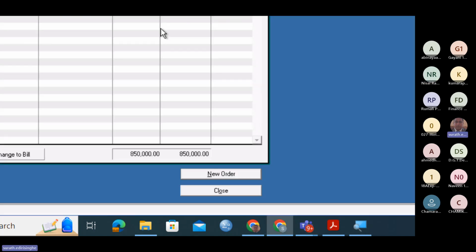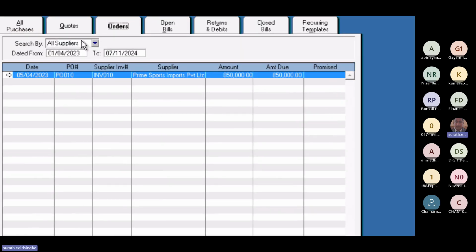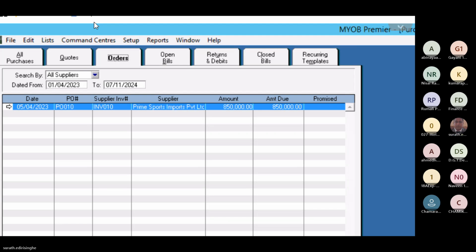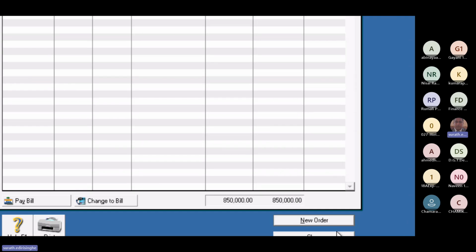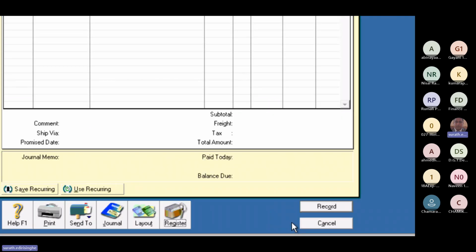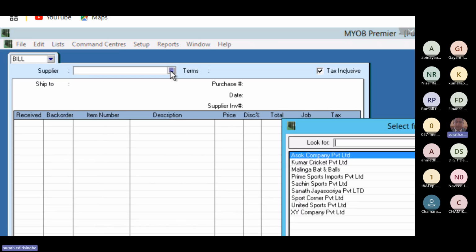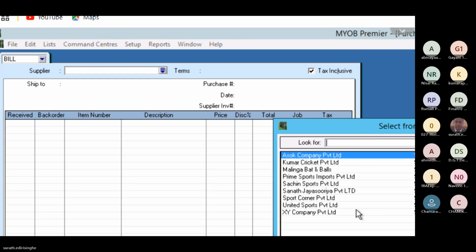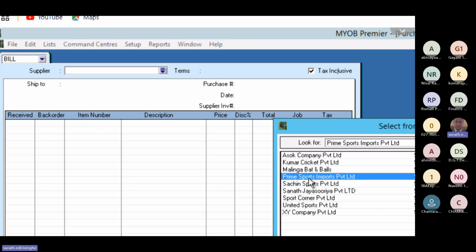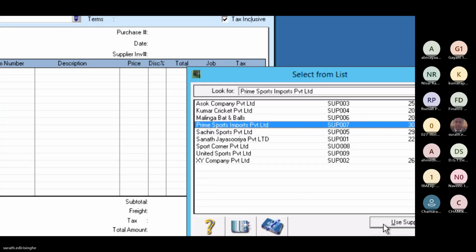Right. Then it is in the order status. Then the supplier sends this item to the warehouse. Right. Again, go to the invoice, GRN, bill option, select the supplier Prime Spot Import Private Limited.